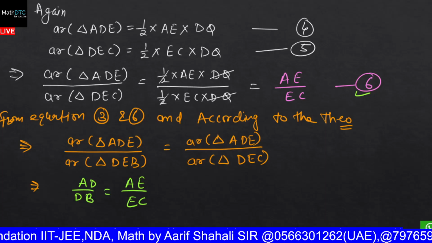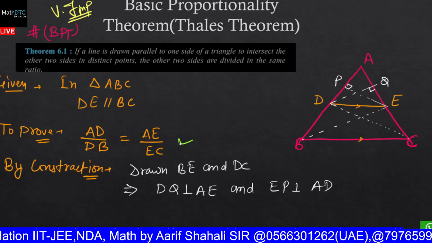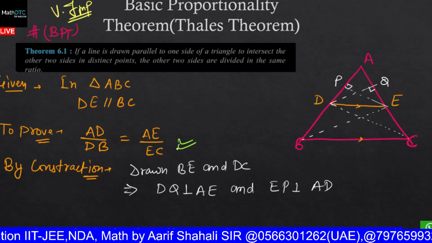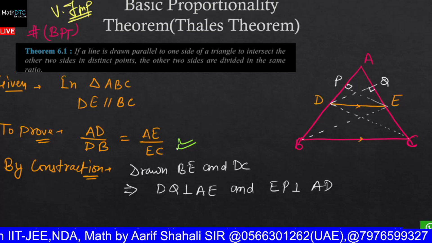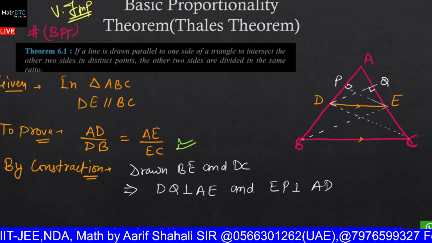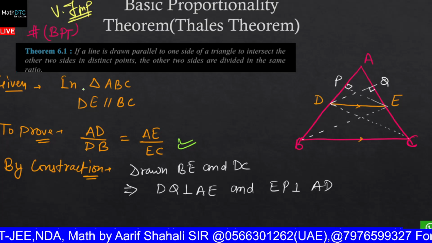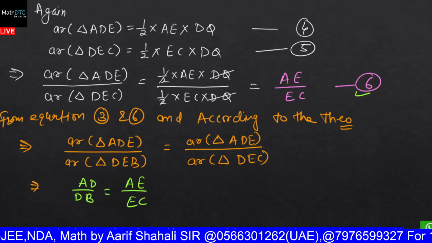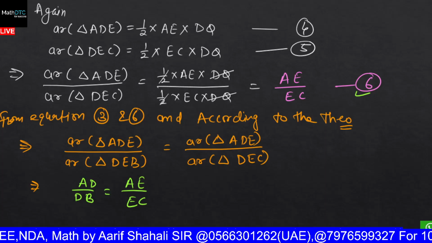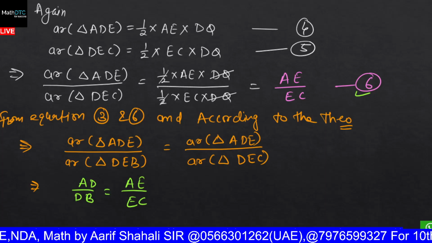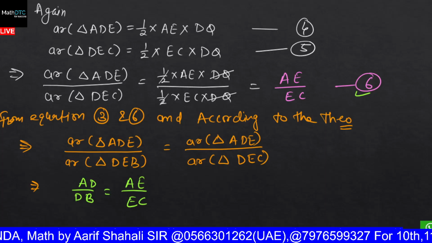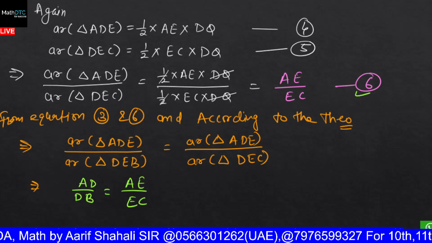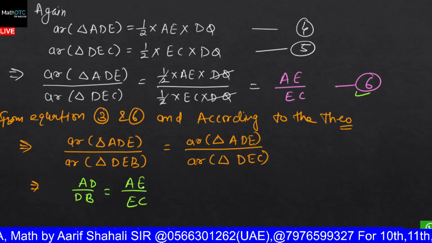Check what we need to prove: AD by DB is equal to AE by EC. Do you understand? It's a very important thing. I hope you understand.